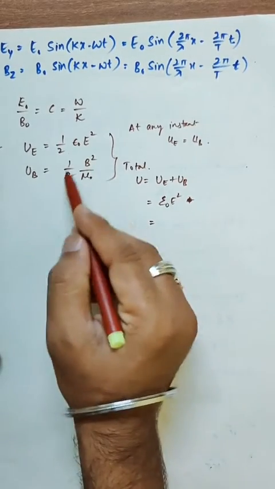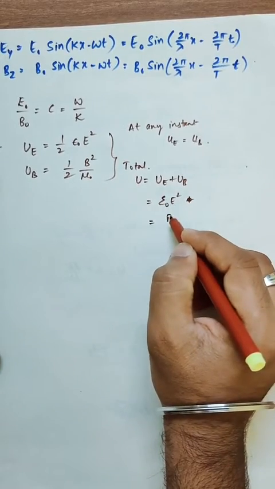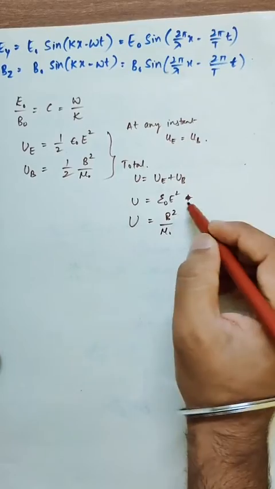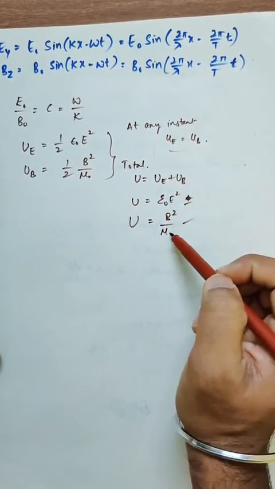Or else it can be B square by mu naught. It can be either one of these.